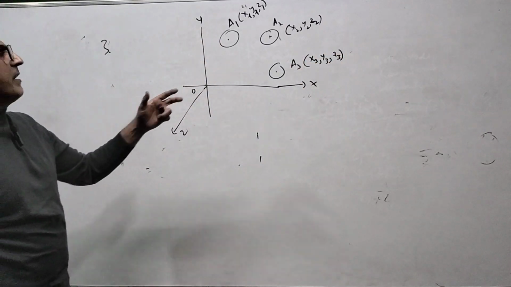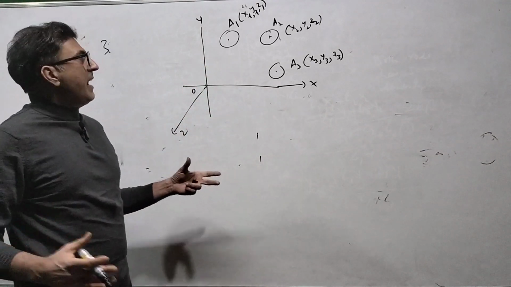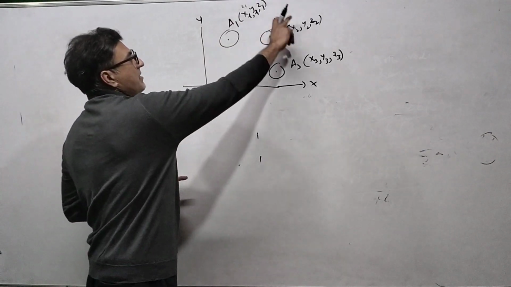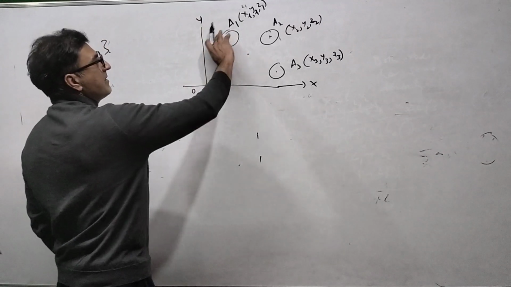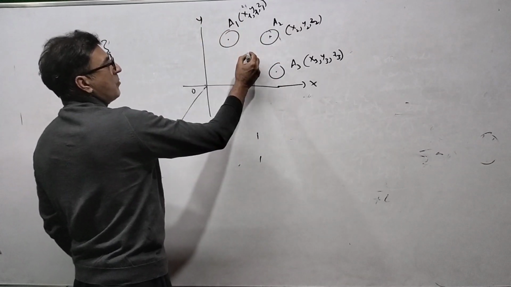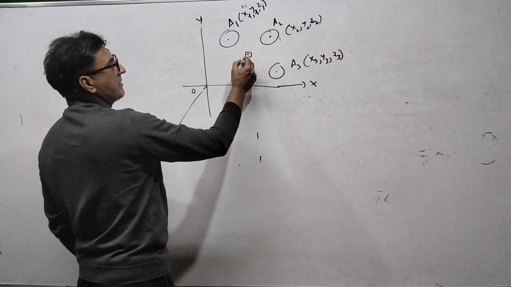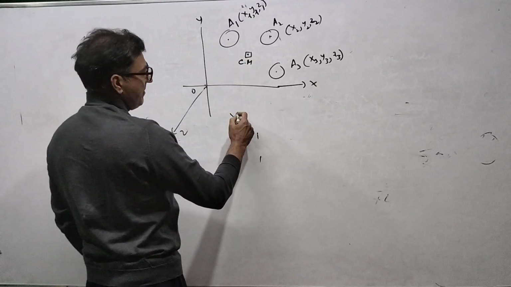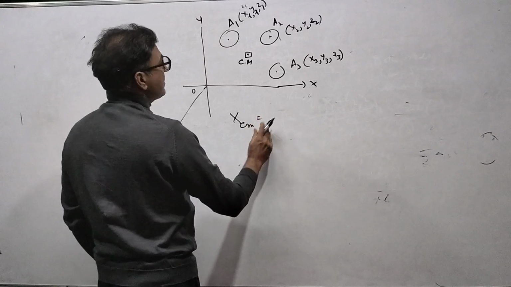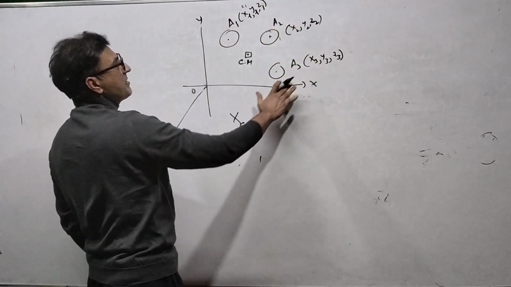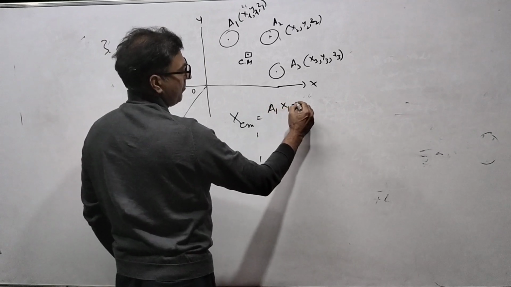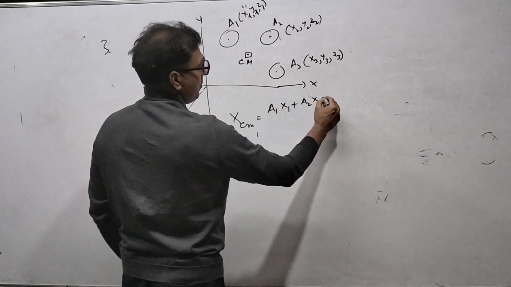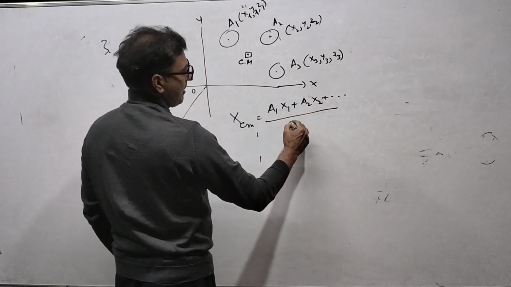These 3 disks, or there may be more disks, and we have to find the center of mass of the system of these disks. Suppose it is somewhere here. So we have to find the coordinates of that center of mass. What's the x coordinate of the center of mass of the system of these disks? The answer is simply A1 x1 plus A2 x2 plus so on, divided by the sum of the areas.